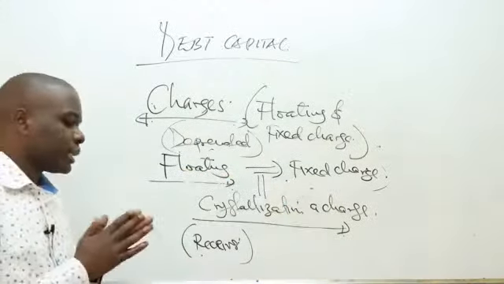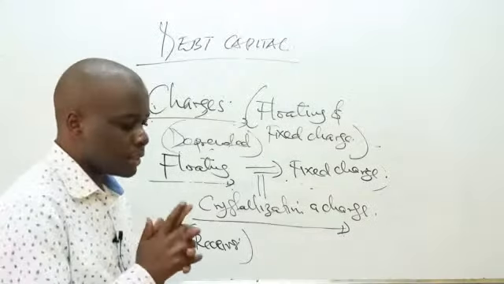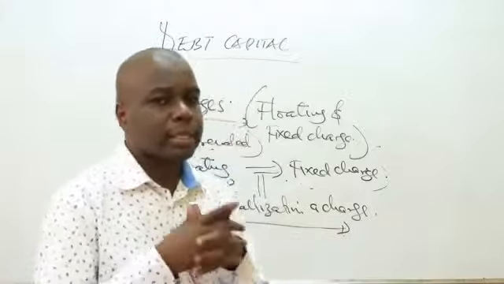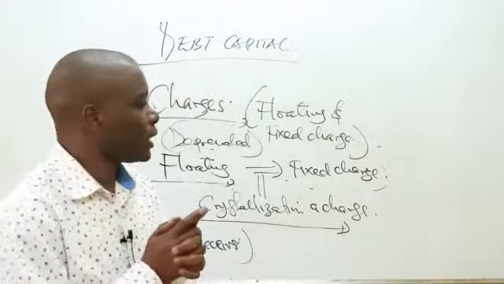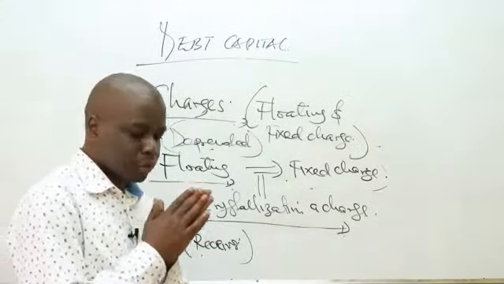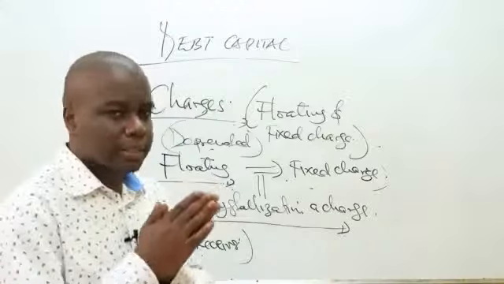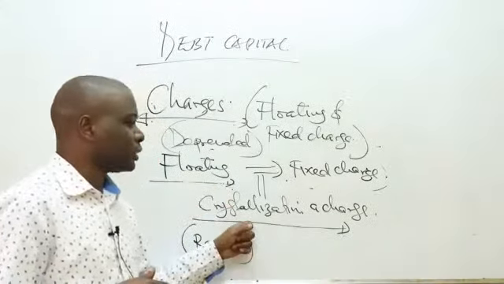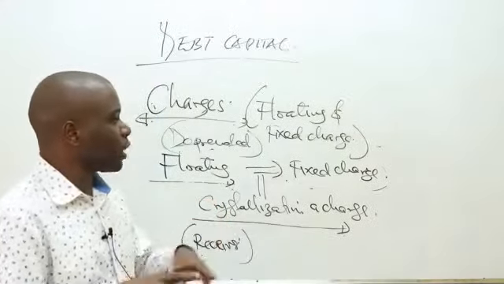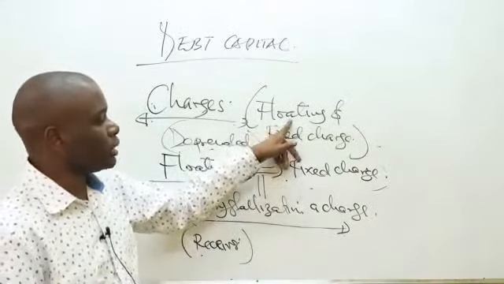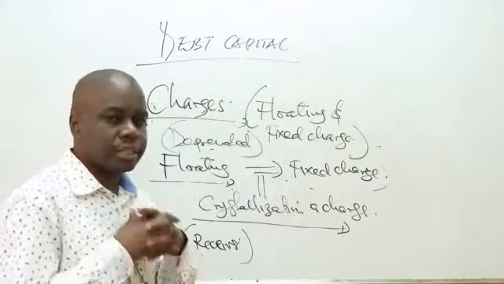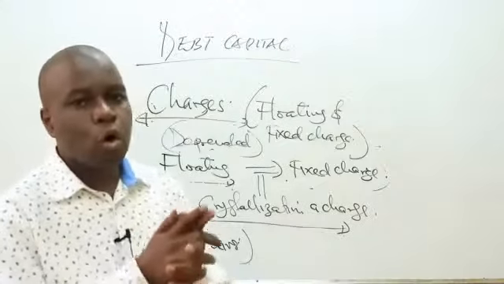So a floating charge is a charge that hovers over an asset of a company until the occurrence of an event that makes it settle on a specific asset. That aspect of settling on a specific asset is known as crystallization. And once it crystallizes, it will no longer be a floating charge. It will now turn into a fixed charge. So how do you describe a fixed charge? A fixed charge is a charge on a specific asset of a company.